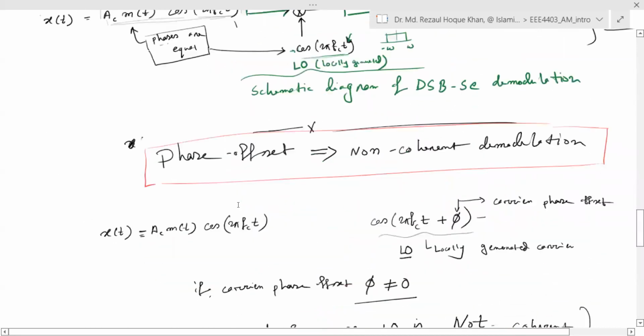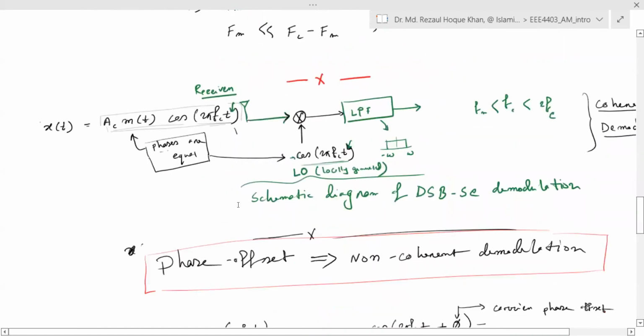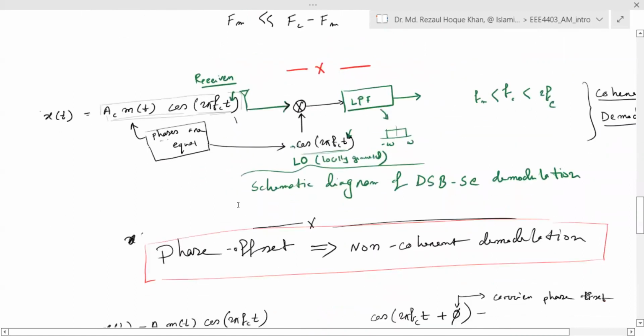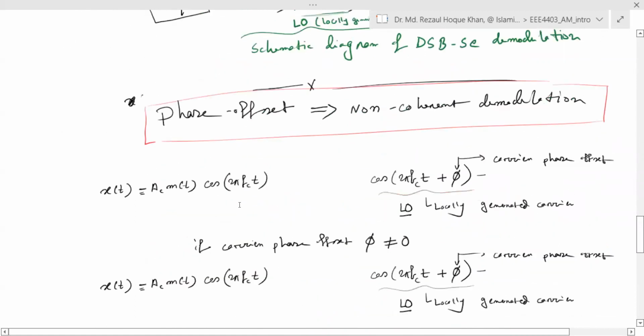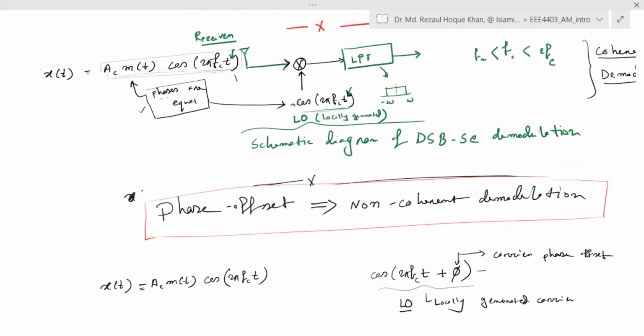When we did our non-coherent demodulation: in coherent demodulation there was a phase equality between the received signal and the locally generated carrier.